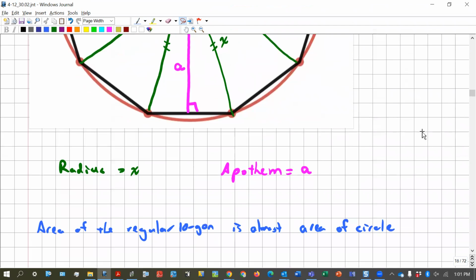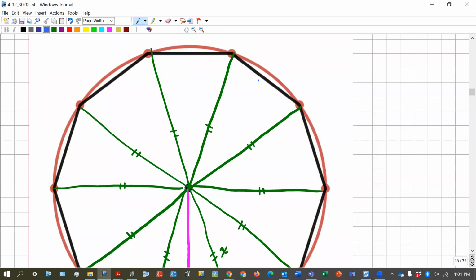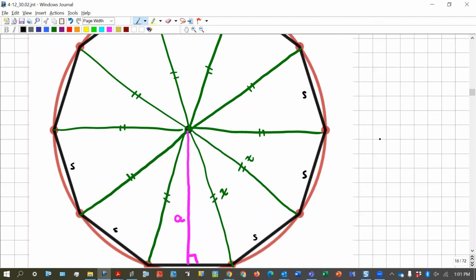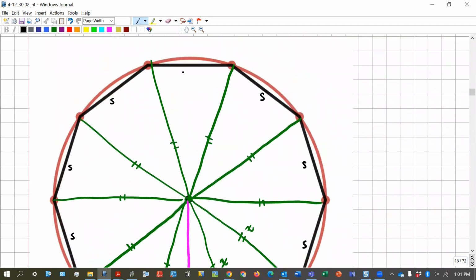It turns out that if each side of the regular decagon has length S, it turns out that the area of any triangle can be thought of as half the area of a rectangle.